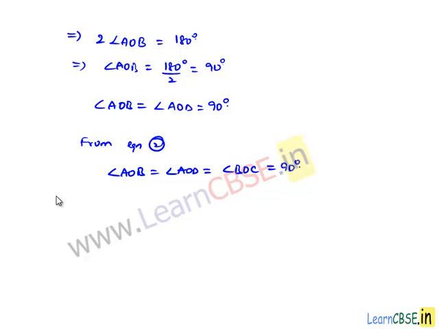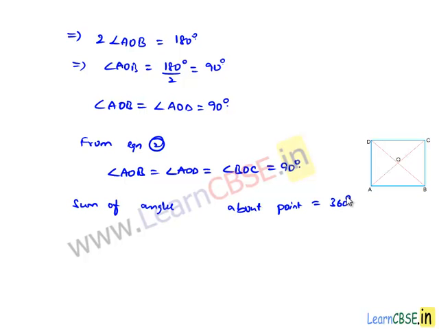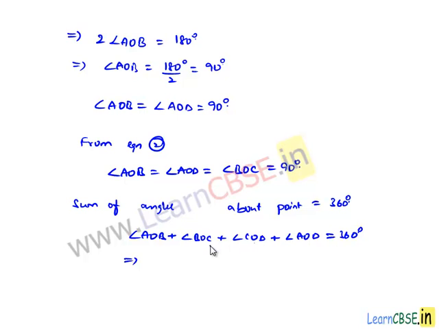We know that the sum of angles about a point is equal to 360 degrees. We can say angle AOB plus angle BOC plus angle COD plus angle AOD is equal to 360 degrees, which implies here we have AOB, AOD and BOC as 90 degrees.